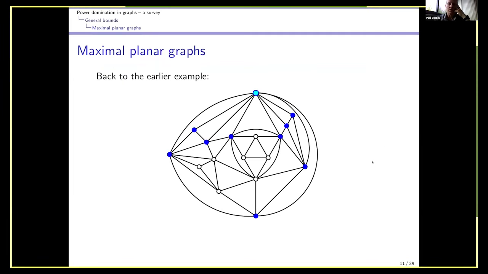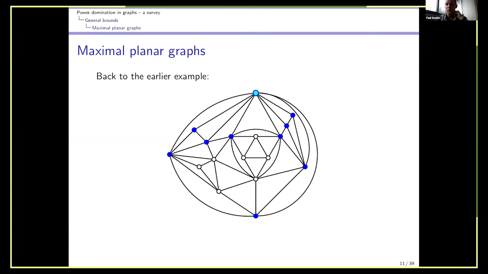And the octahedron is, so we're in a maximal planar graph, meaning that I want a graph which is planar, so with a planar drawing, but if we add any edge, it does not remain planar. So it means every face must be a triangle, because if we have a C4 as a face, then we can add a diagonal into the C4. And in such graphs, there is a nice conjecture for domination, so I will mention it later, but we can do something similar for power domination.